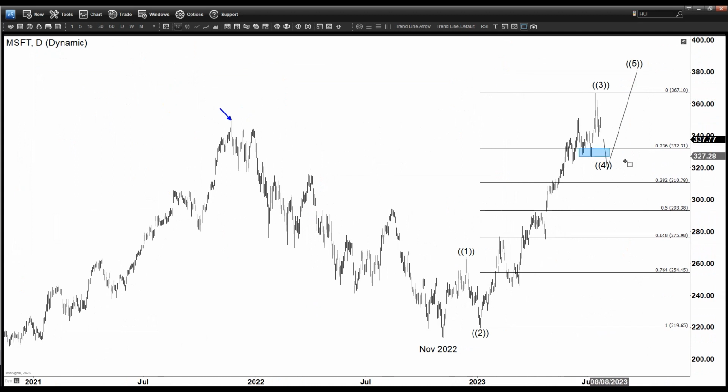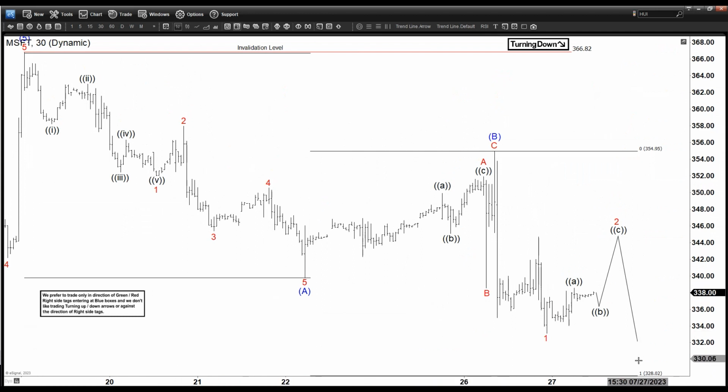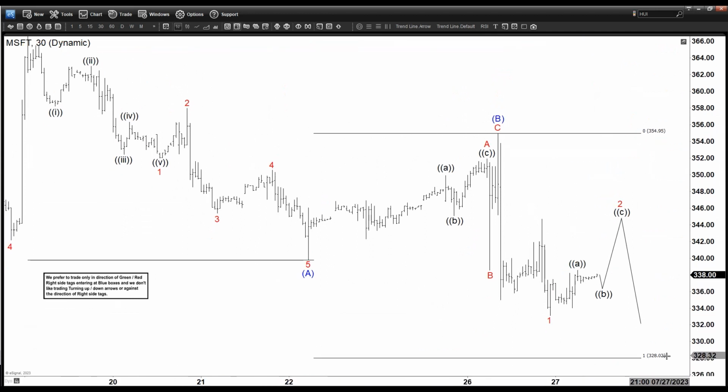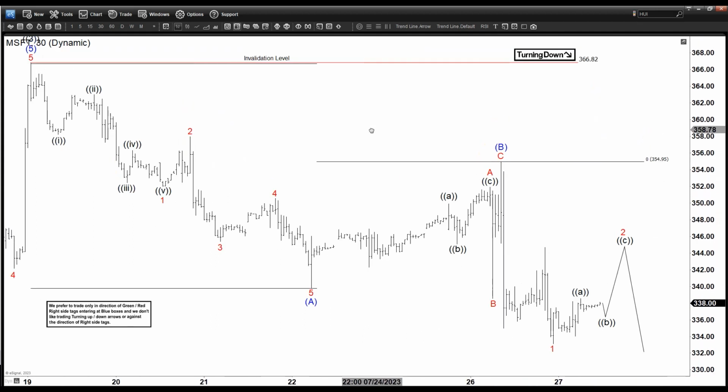It's within this 23.6, 38.2. So that's within the typical area where wave 4 usually ends. Therefore this pullback here is definitely qualified as a wave 4, since the ABC 100% at 328 overlaps within this 23.6, 38.2% retracement of the wave 3 here. Alright, so that's what we are looking at right now.